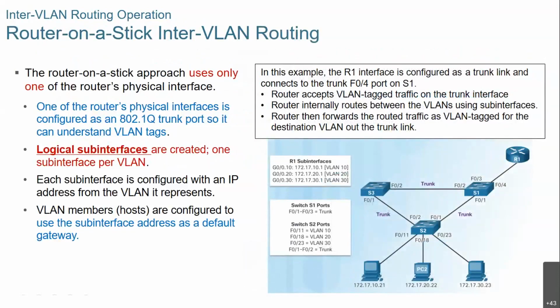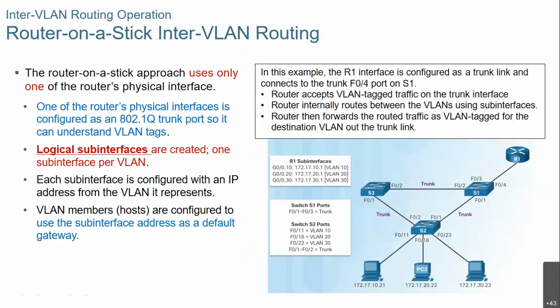So router on a stick is different. It says, why do we need to give every VLAN its own router interface? Why not have all the VLANs share the same interface, but we will make sub interfaces. So in the router on a stick approach, it uses only one of the router's physical interfaces, and then it will create logical interfaces on the same interface.